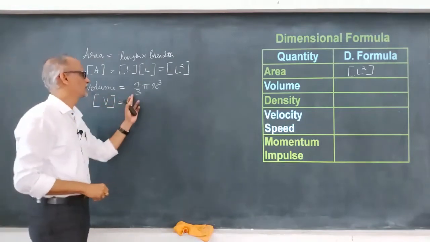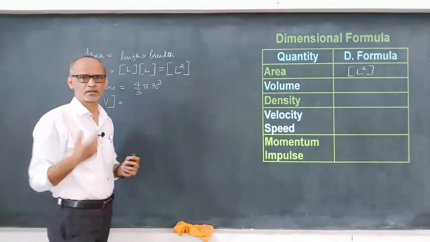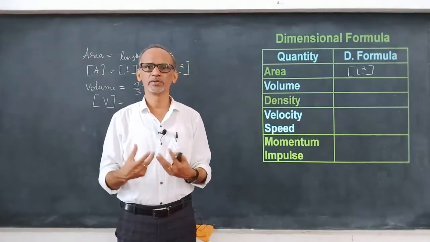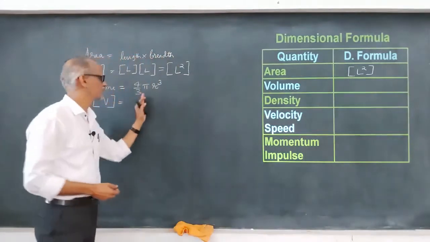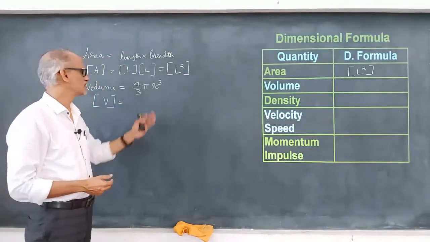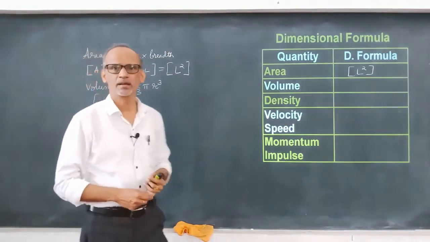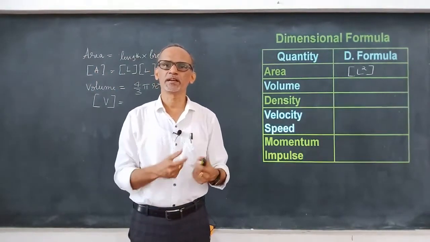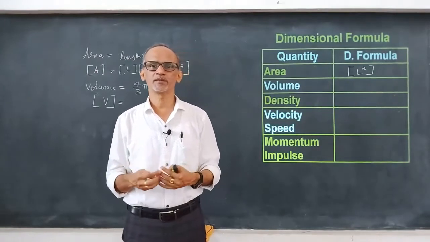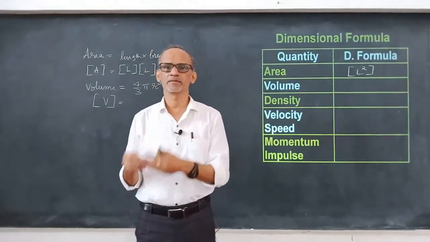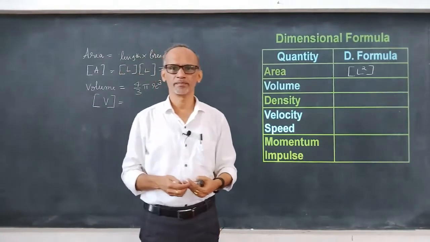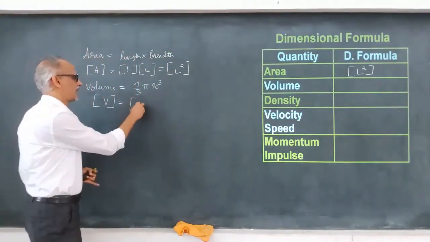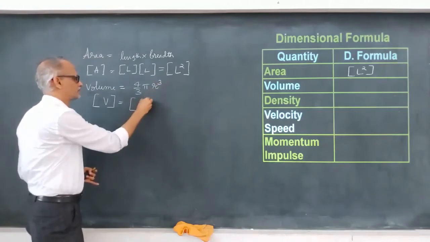Now look at this. 4 by 3 pi is a constant. Constant has no unit, correct? So when there is no unit, definitely there is no dimensional formula. That means we are left with only r. What's r? Radius. Radius is a measure of which fundamental quantity? Radius is a measure of length, because the unit of the radius and unit of length is the same. So the dimensional formula of the radius is L. What is the power of it?